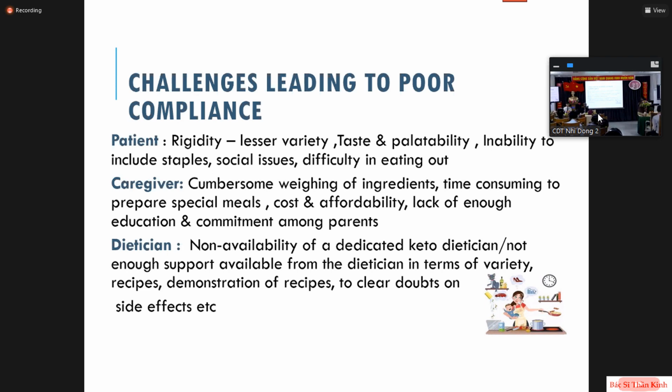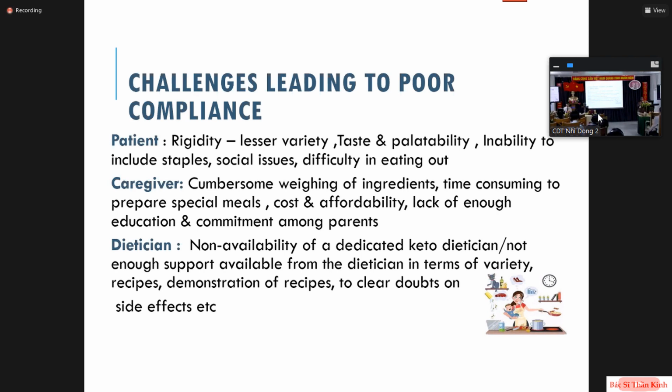To many patients, taste and palatability becomes an issue, and so does the inability to include staples, like Sonal just mentioned, that we cannot include rice, noodles, regular breads in this diet. So that's a very big issue. Then social issues and difficulty in eating out is something that really troubles all the patients.